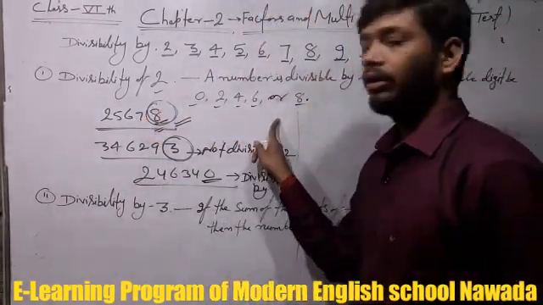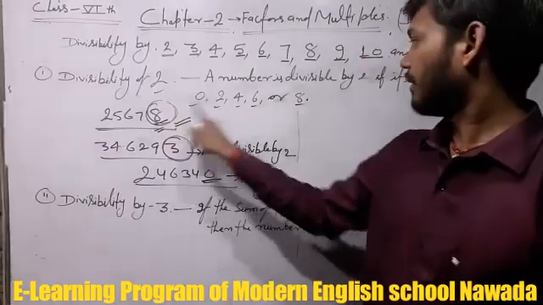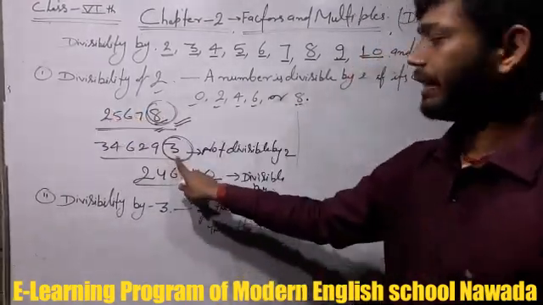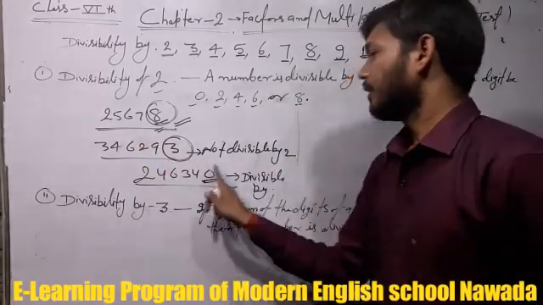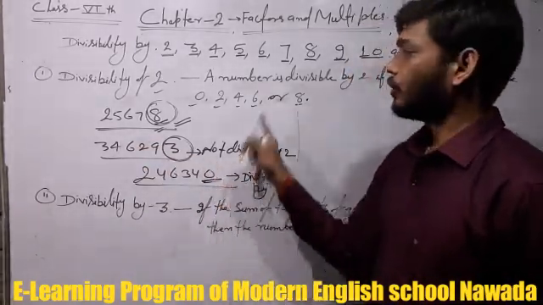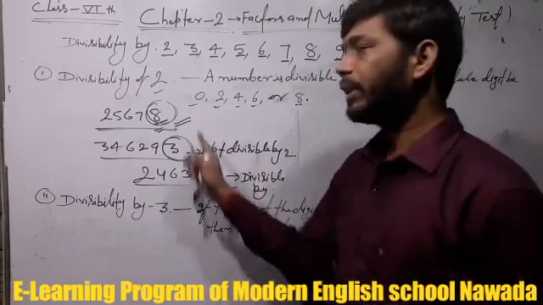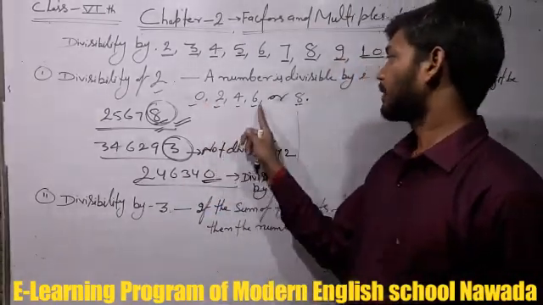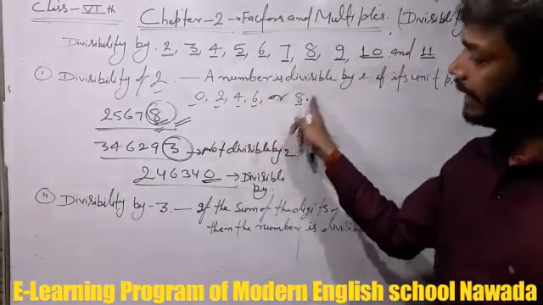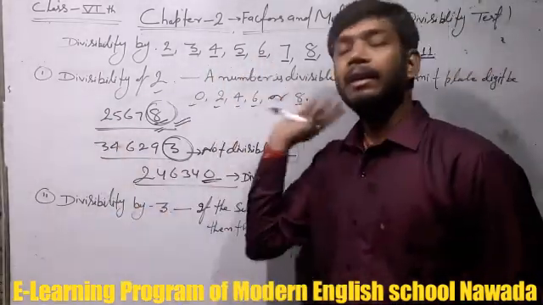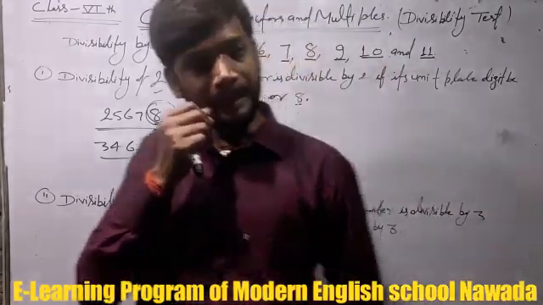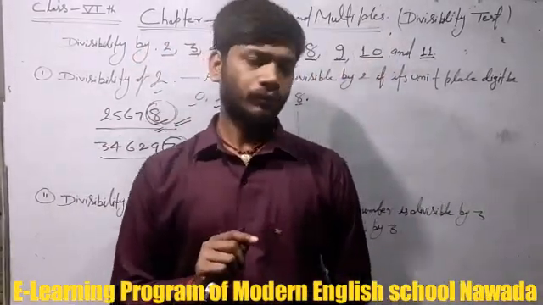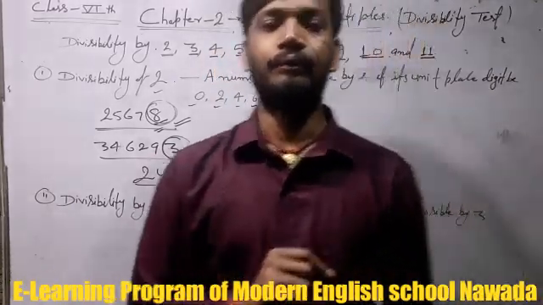Always observe the unit place. So always observe the unit place, and if it is 0, 2, 4, 6 or 8, then the number is divisible by 2.